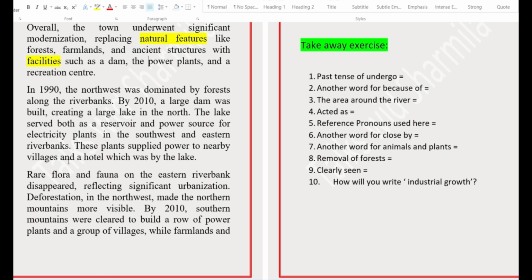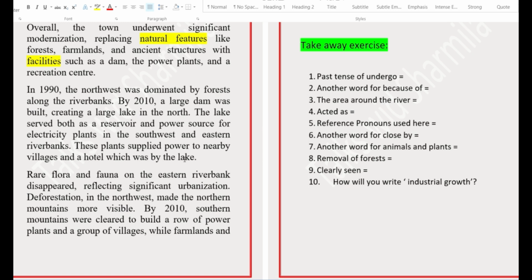And where was the hotel? Just by the lake, right? So see the sentence: these plants supplied power to nearby villages and a hotel which was by the lake.